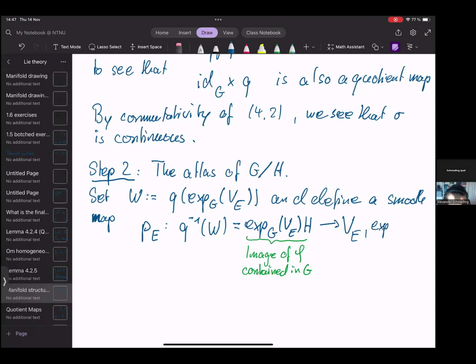Well, we know that elements in the preimage of W can be written as XG of X times H. And actually, this is unique. This is due to the fact that phi is a diffeomorphism, and we basically want to send this element to the X. So this is the unique X we have.